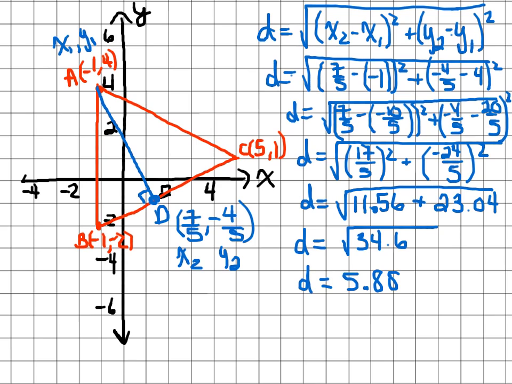All right, so we have worked on determining the equation of the altitude of a triangle. So again, the altitude is just the height. So we determined the equation of this line, and then we actually found the length of this line.